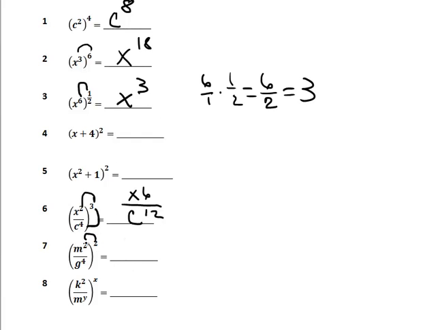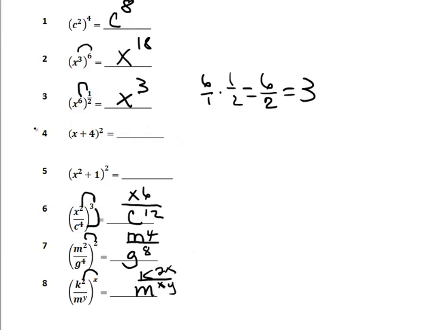I have m to the 2nd squared, so m to the 2 times 2, m to the 4th, over g to the 4 times 2, 8th. And again, no can do. Here I have k to the x power, so I'll have k to the x times 2, or 2x, over m to the y, so I'll have m to the xy.